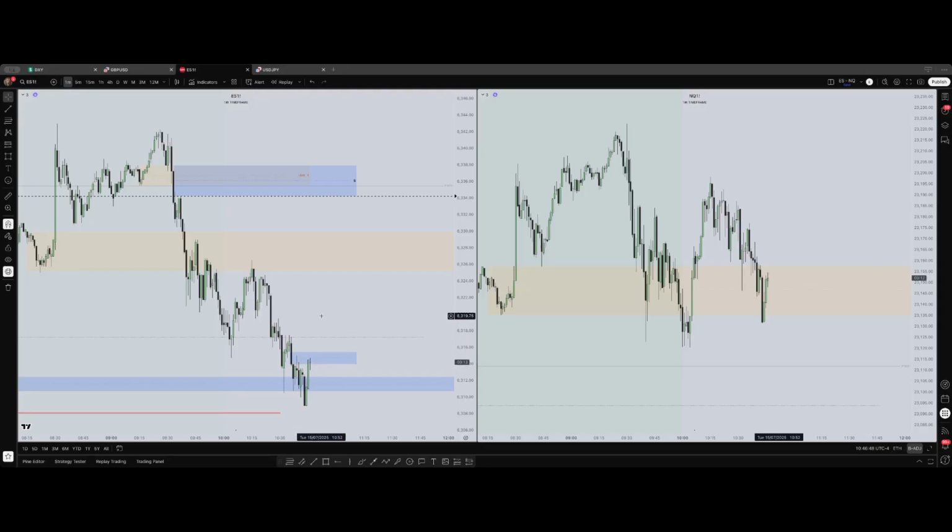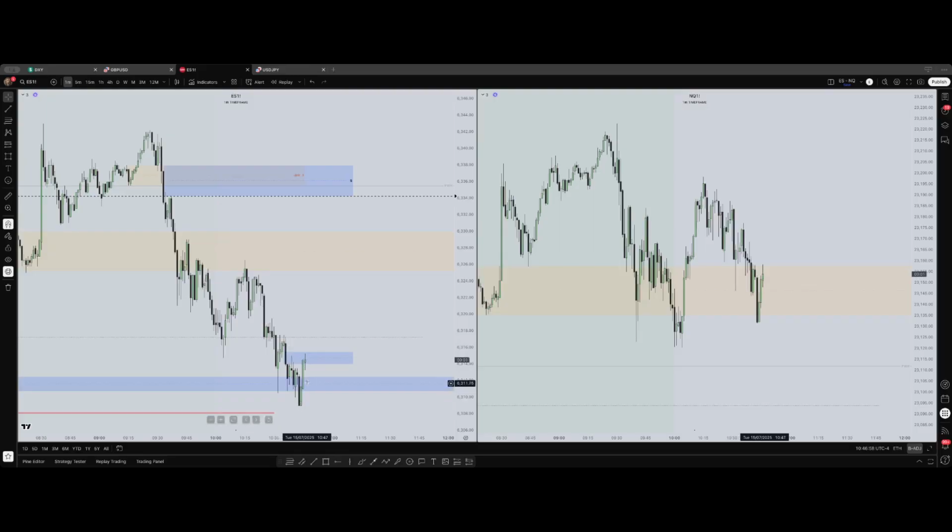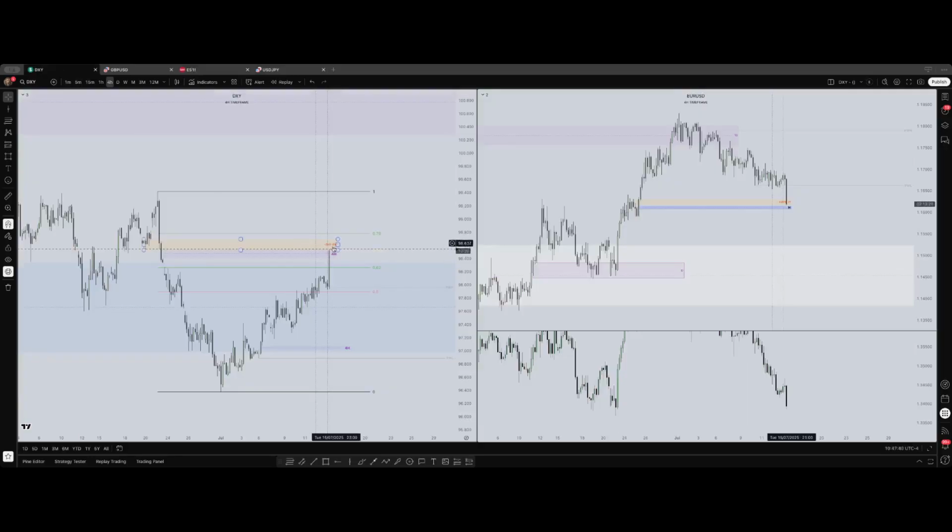If it goes through, we can use it like an inverted fair value gap. Dollar breaching the breaker.